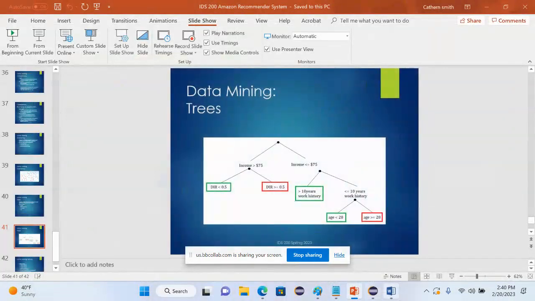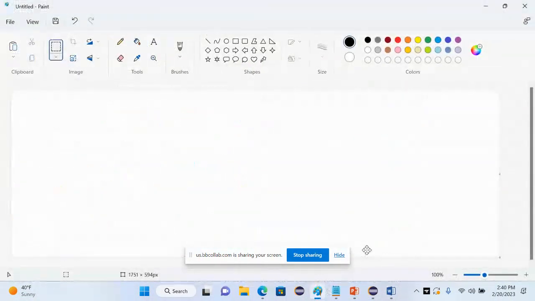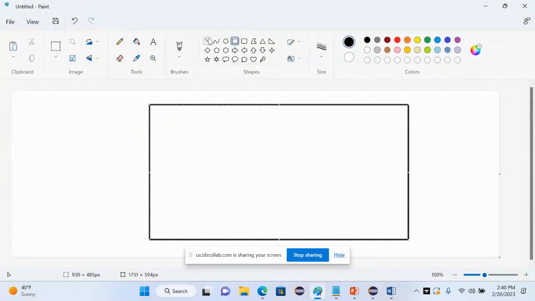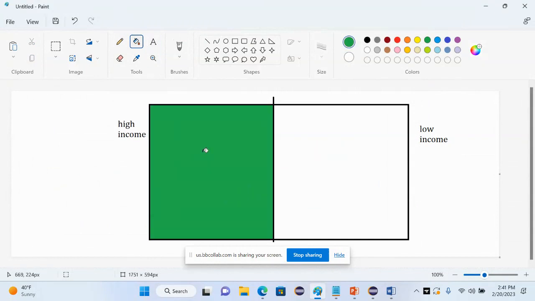Now, if we're going to draw it out in here, let's do it. We would start off with something like this. Now I'm not going to draw the four-dimensional stuff, but we would first start by saying high income and lower income, not as high, whatever. Okay, that's that side. And initially you would say, okay, this side is green, good risk.